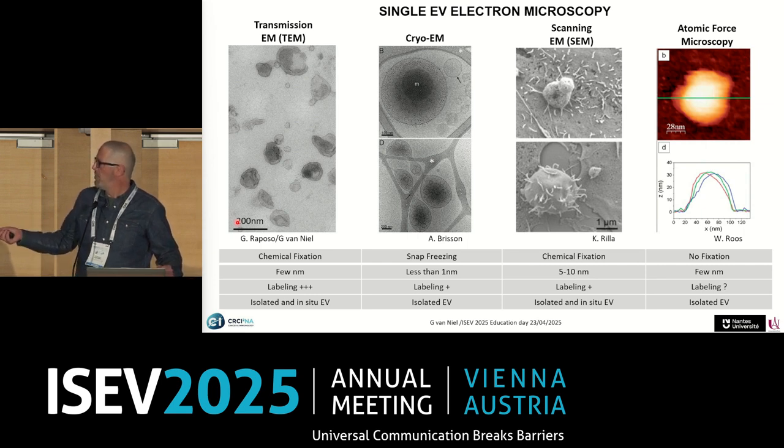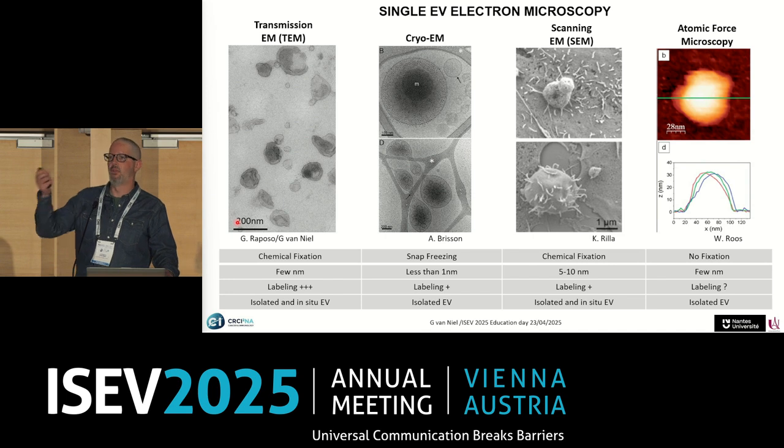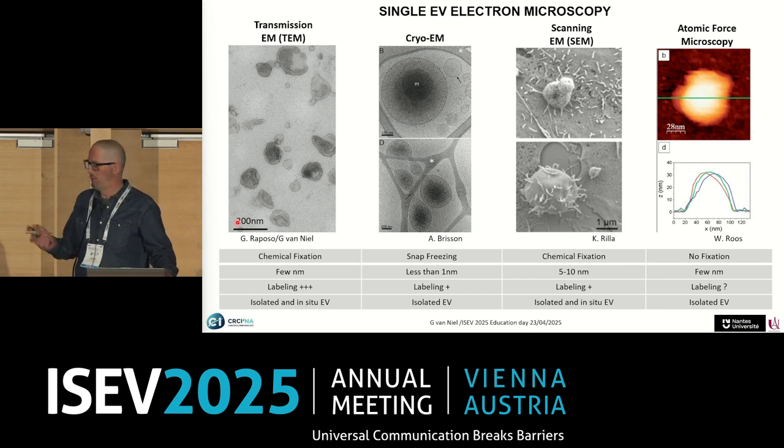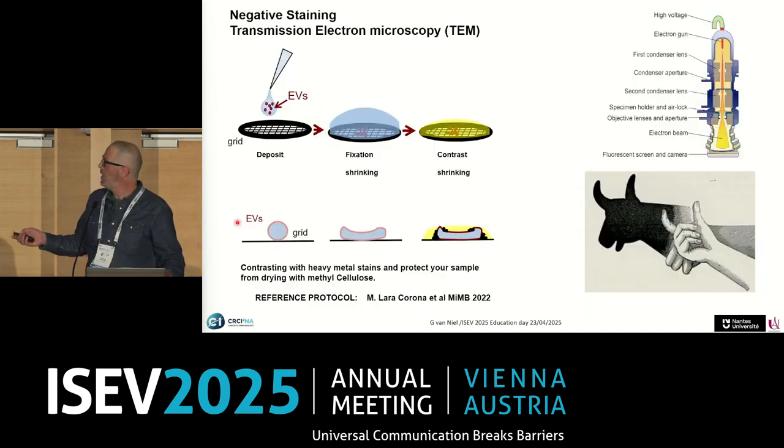Each of them has different resolution. It's always a matter of a few nanometers, but for 100 nanometer vesicles, it can be important. You can combine them with labeling, especially with transmission electron microscopy, and you can look at your vesicles either after isolation or in situ. So I will mainly develop transmission electron microscopy.